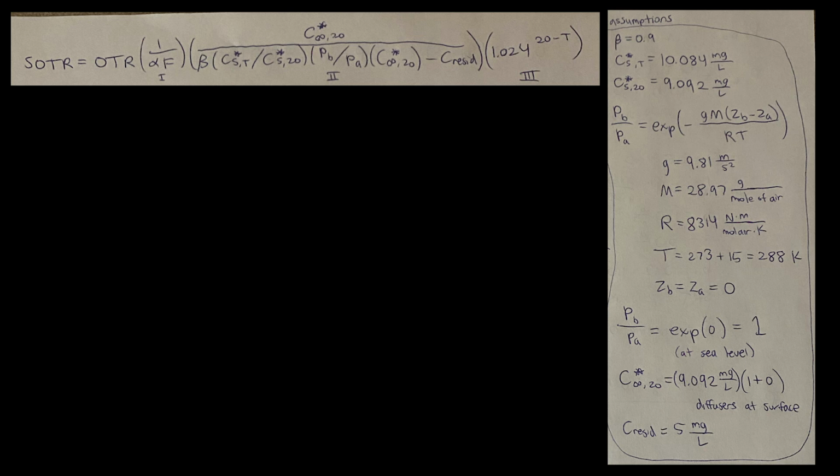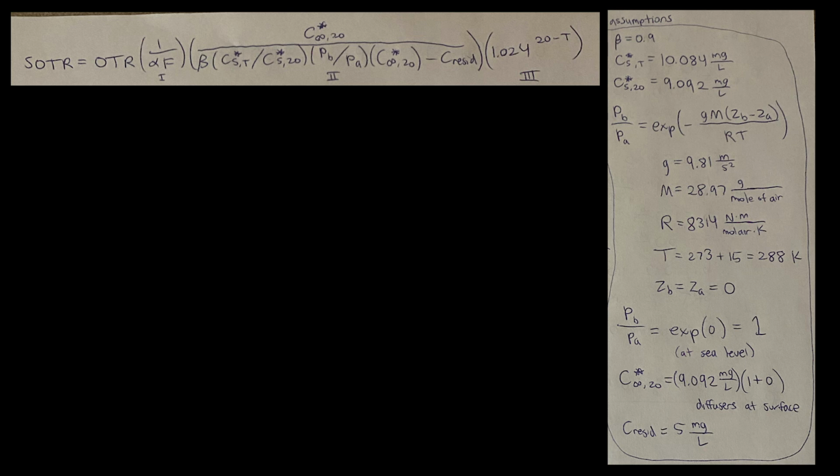For CS at 20 degrees and also at sea level, the concentrations are the saturation concentrations for dissolved oxygen. So at 15 degrees, 10.084 milligrams per liter, but at 20 degrees, it's 9.092 milligrams per liter.